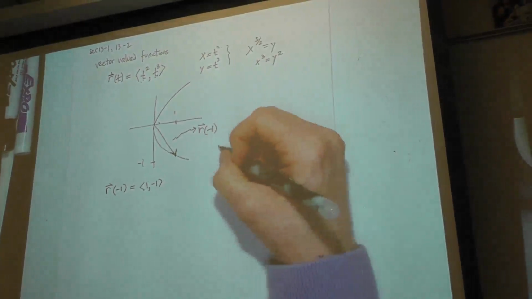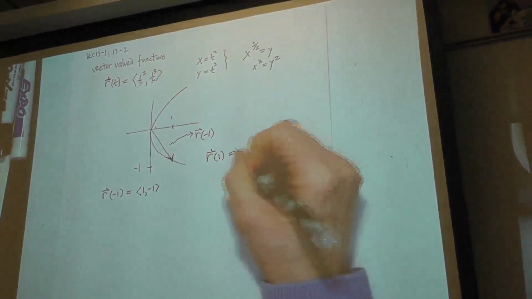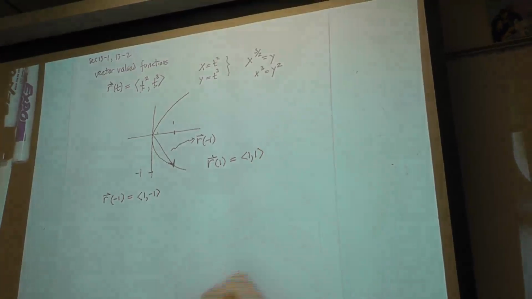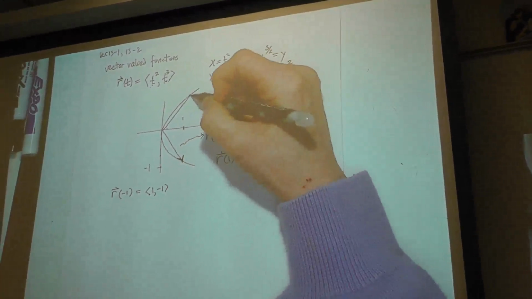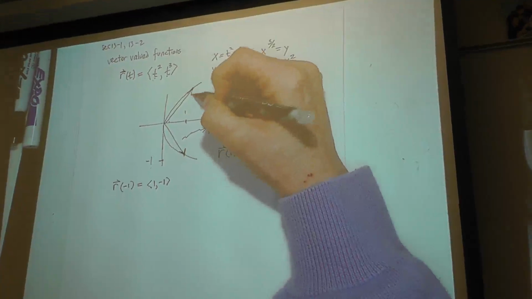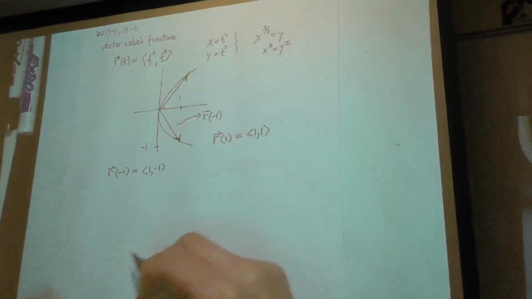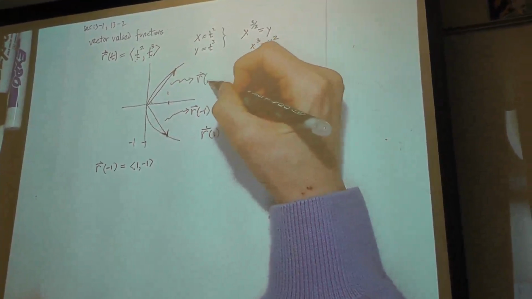On the other hand, r of +1 would give me the vector 1, 1, and that vector would be sitting up here. So this would be r of +1.